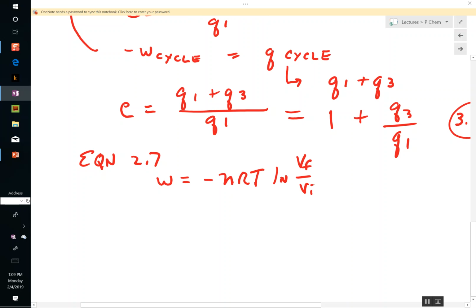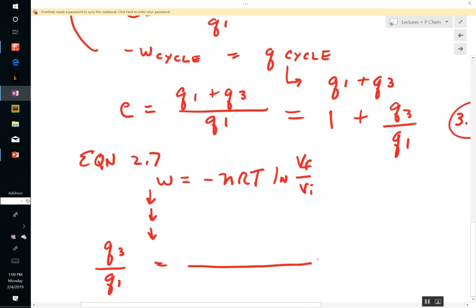There's a whole bunch of steps to go through there, but you go through a few steps to then develop a ratio of Q3 to Q1.